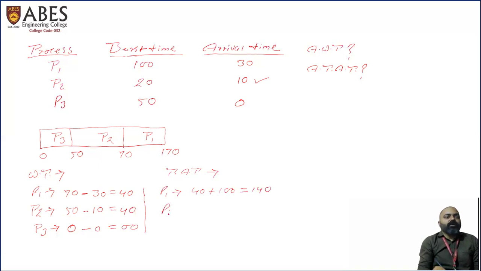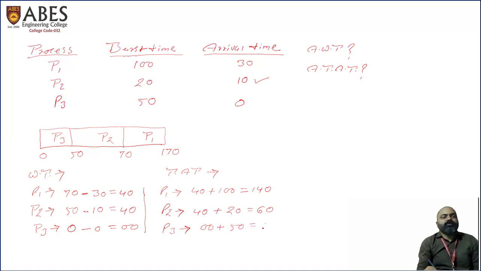And for P2, this will be 40 plus burst time of P2, which is 20. So this will be 60. And for P3, this will be 0, which is the waiting time for P3, plus burst time of P3, which is 50.